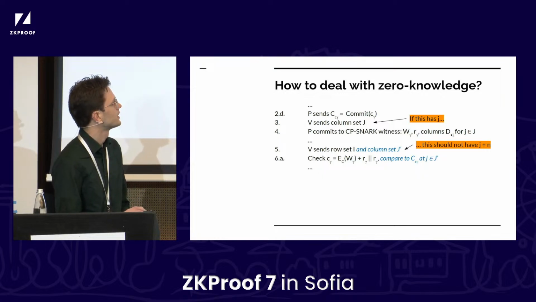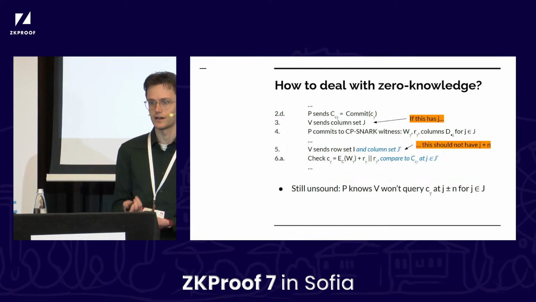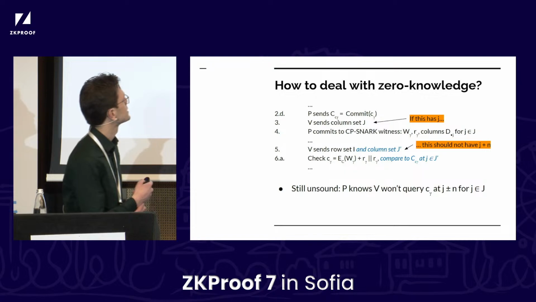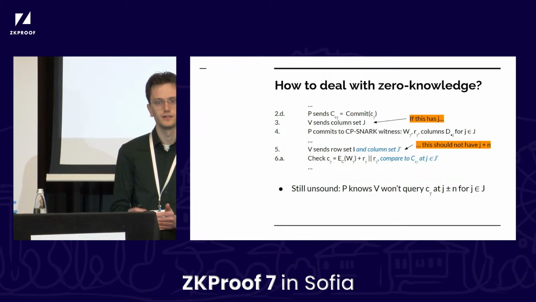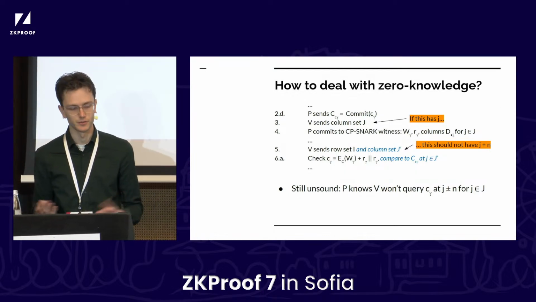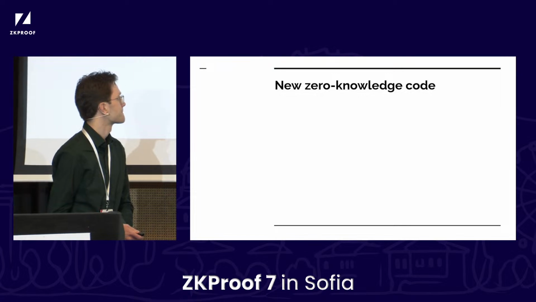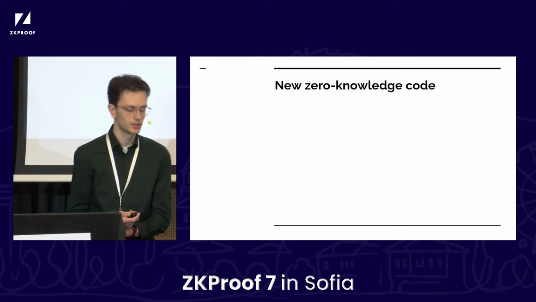We can restrict this set again, but then it's still unsound, because the prover at step 5 in the protocol would know an index that will definitely not be queried by the verifier. And this might give the prover some advantage. So this is why we switched to a new zero knowledge code.